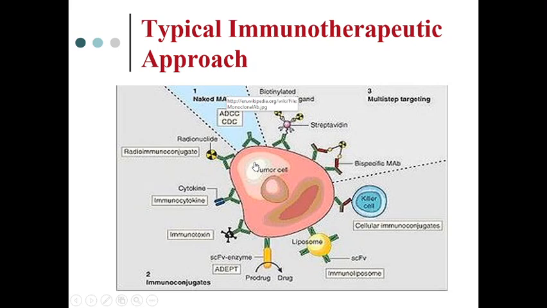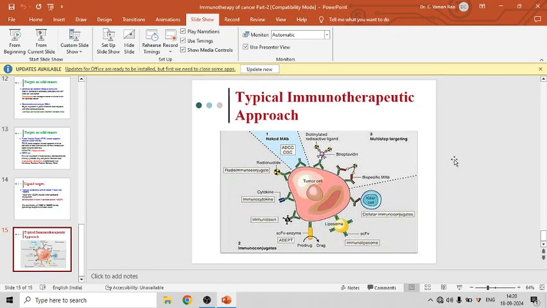Some subsidizing and government help is necessary for poor people to be treated with monoclonal antibodies. This is as far as the immunotherapeutic approach against cancer is concerned.